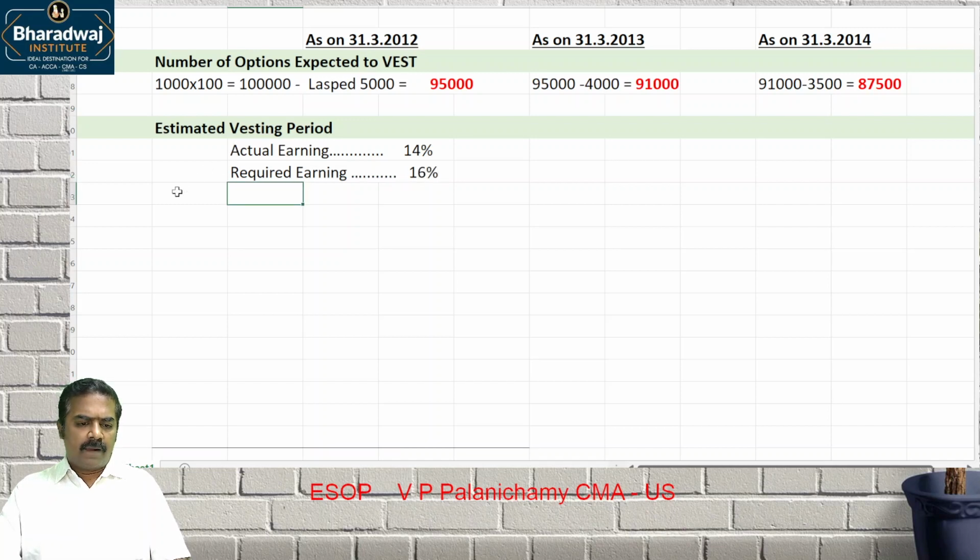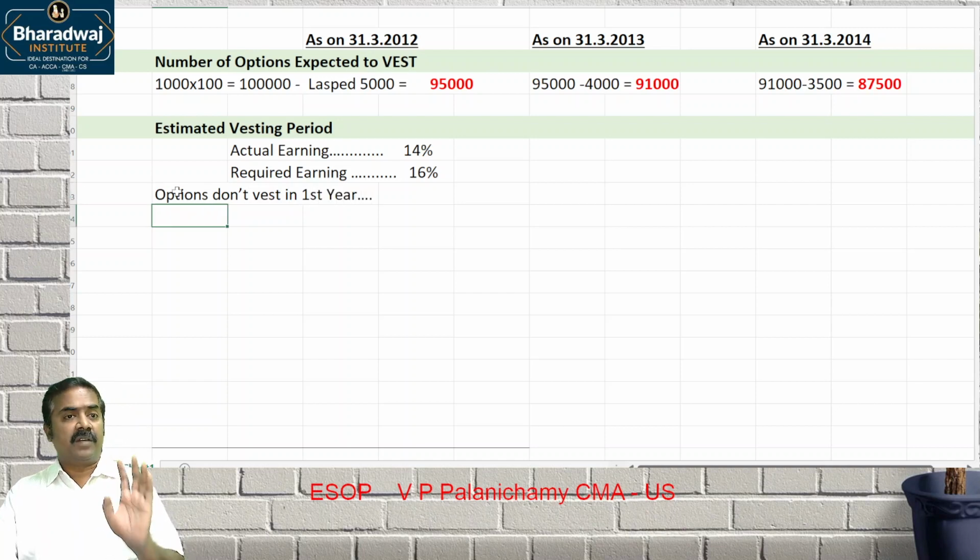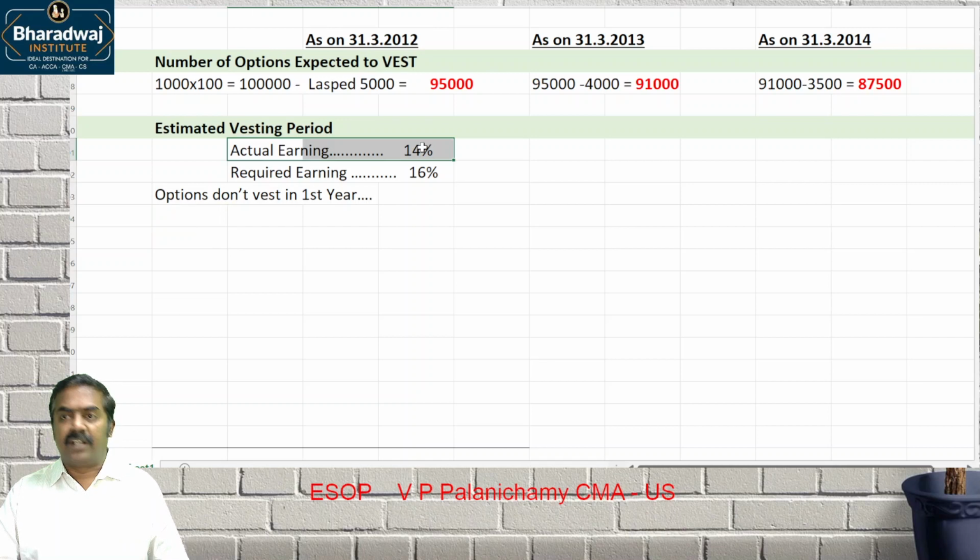So, wait. Options do not vest in the first year. But what is your actual earnings of the first year? 14%. What will you estimate at the end of the first year?